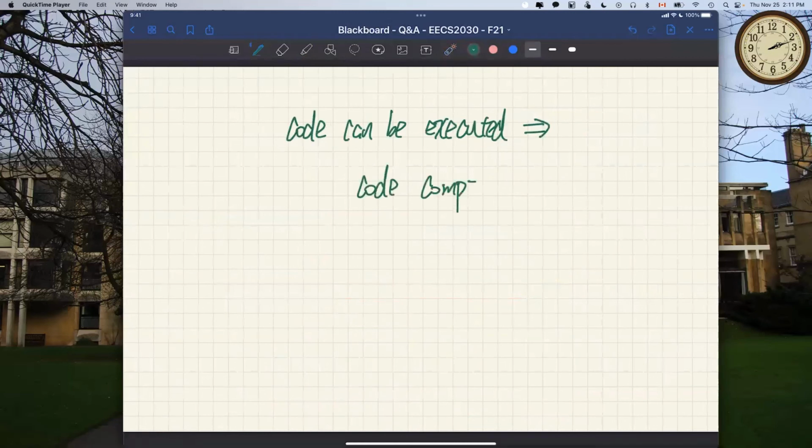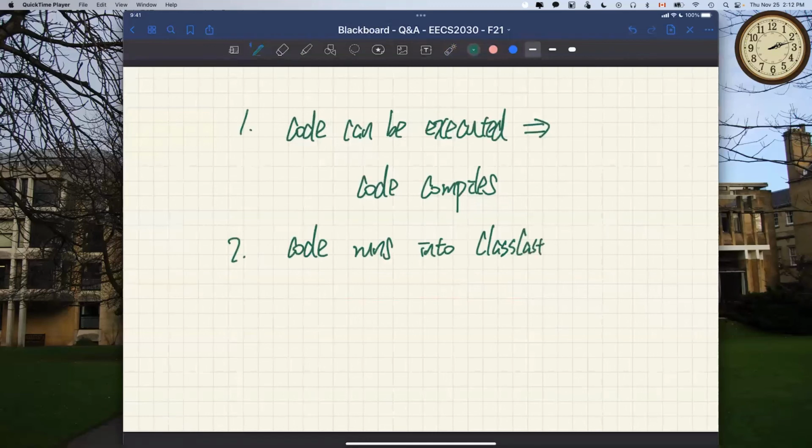All right, number one. Number two, if I tell you that a code runs into, let's say, class cast exception, the same reasoning can be applied. Let's say null pointer exception or array index out of bound exception. If I tell you this, basically I'm telling you that the code can be executed.